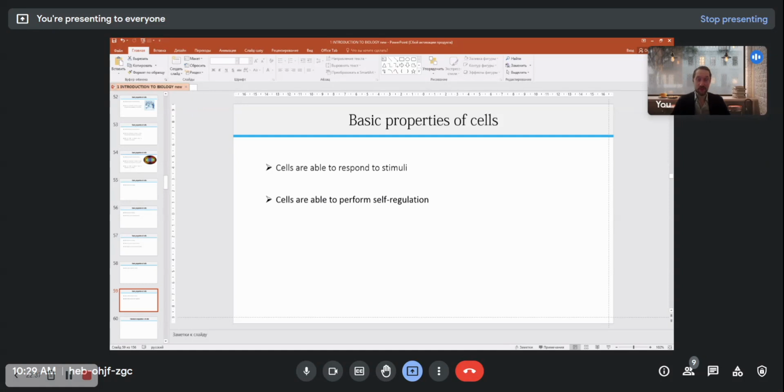Also, cells are able to perform self-regulation. For example, if DNA was damaged for any reason, there are special repair mechanisms that find mistakes in the DNA, cut out the wrong portion of DNA and put in the correct portions of DNA.